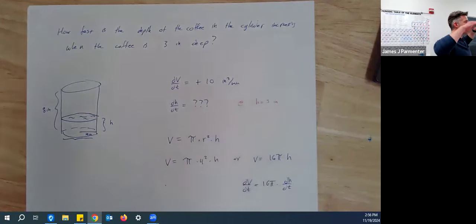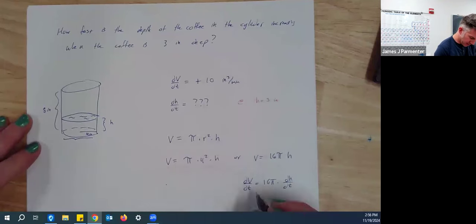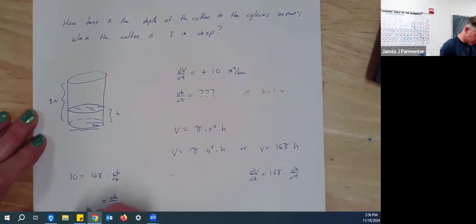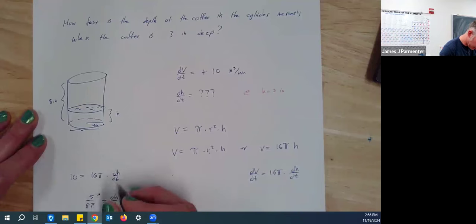No matter how high the coffee is, the rate of change is going to be the same because of the shape that we're pouring the coffee into. So here, 10 equals 16 pi times dh/dt, and then we divide by 16 pi to get that dh/dt is equal to 10 over 16 pi, which reduces to 5 over 8 pi inches per minute.